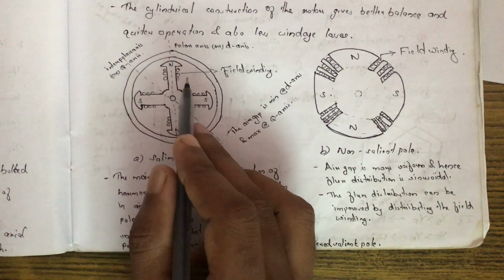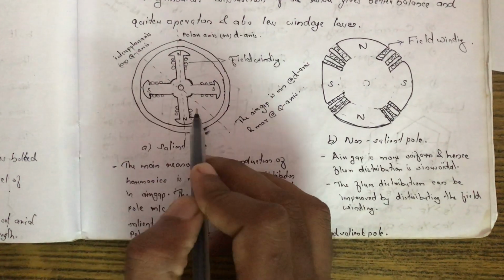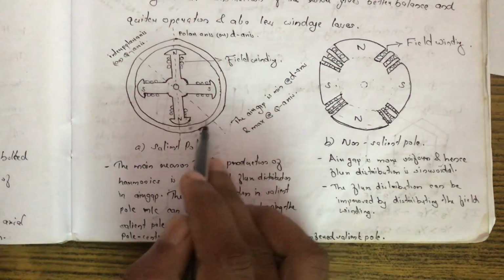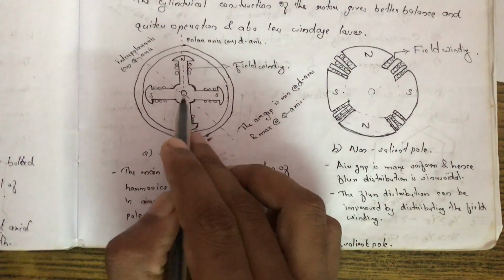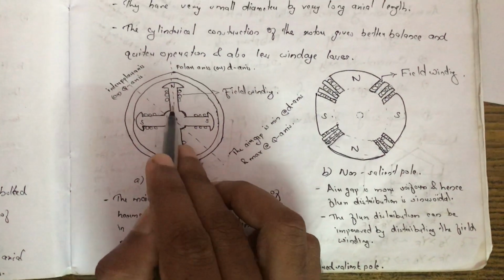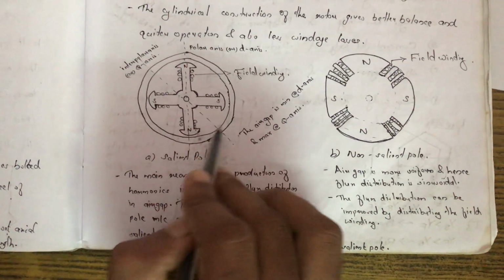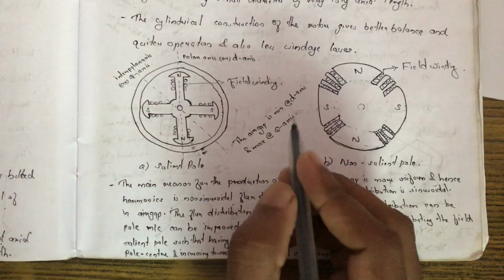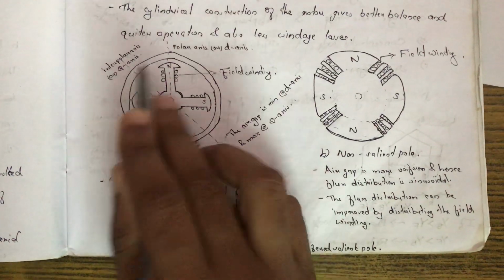When the DC voltage is applied, the field magnets will be excited and the poles will be created, and hence the magnetic field will be rotating while the armature conductors are stationary. So there is a relative change between the flux and the conductor. Therefore an EMF will be induced in the stationary conductor, and from that conductor we can take the electrical energy. So that is the working principle.